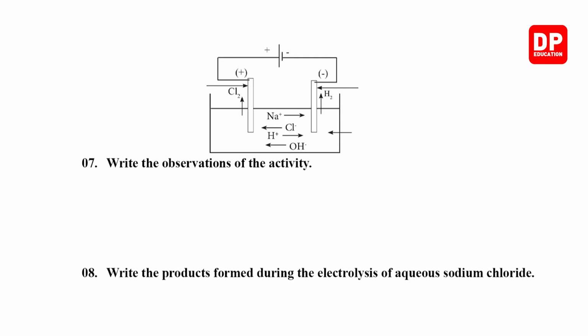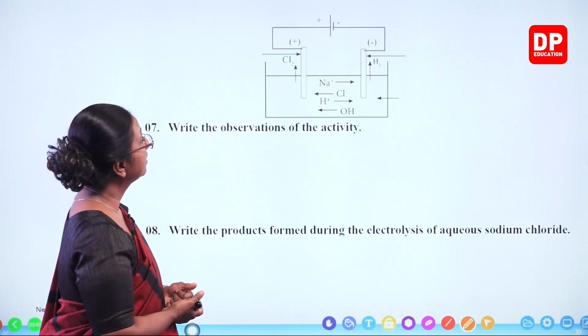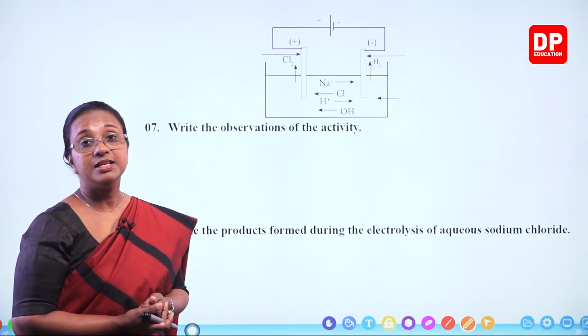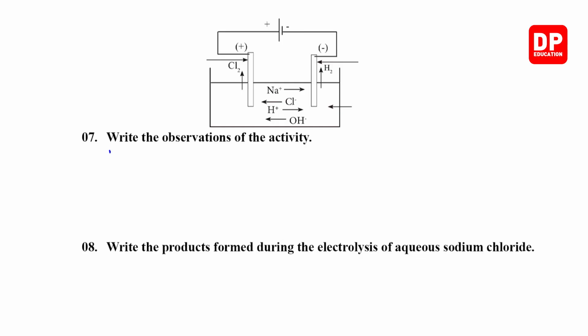Question number 7. Write the observations of the activity. What are the observations? You can see liberation of gas near the positive electrode, liberation of gas near the negative electrode. Liberation of gas bubbles.